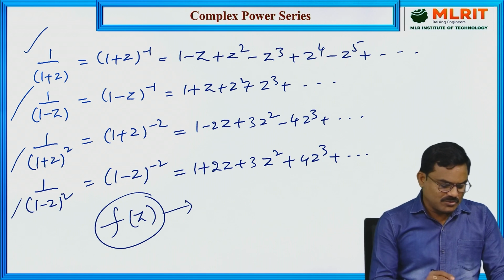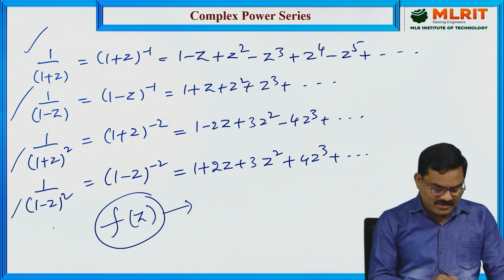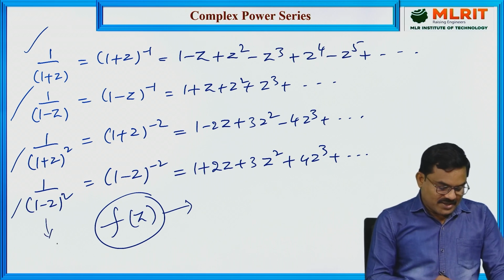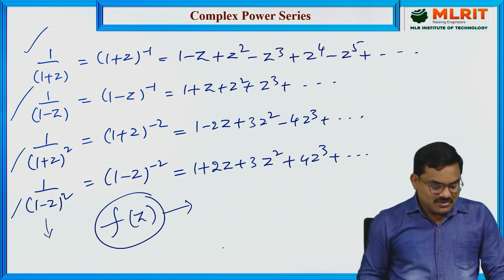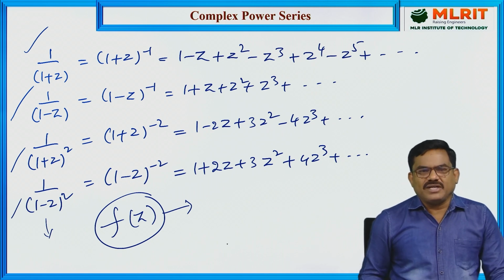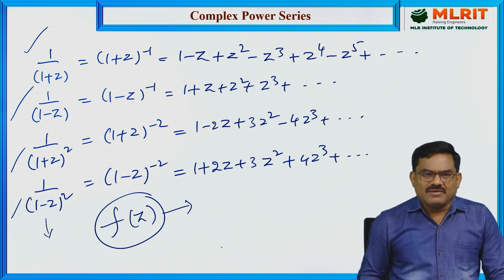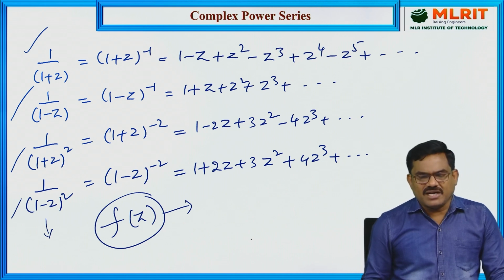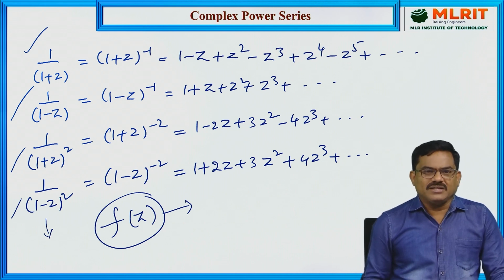Maximum up to 2 is enough. If you want, you can refer for 1 minus z whole cube and so on. So using the known expansions, we can expand the given function, or using the Taylor's theorem statement, you can find the Taylor series expansion of f of z.